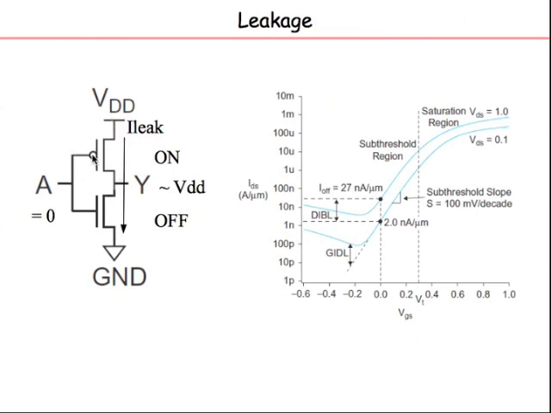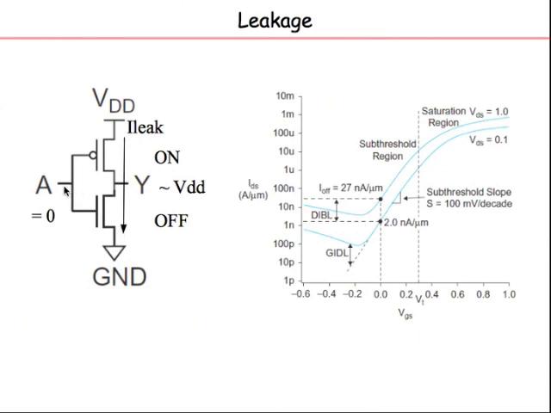What is it? You see, this is a simple inverter structure. There is an nMOS, there is a PMOS. Let us first understand the logical functional operation. When my gate voltage is 0, my nMOS is off. For a PMOS, the source is at the top. That is the source of holes. Source means source of majority carriers. Here, for the nMOS, the source is at the bottom, the source of electrons.